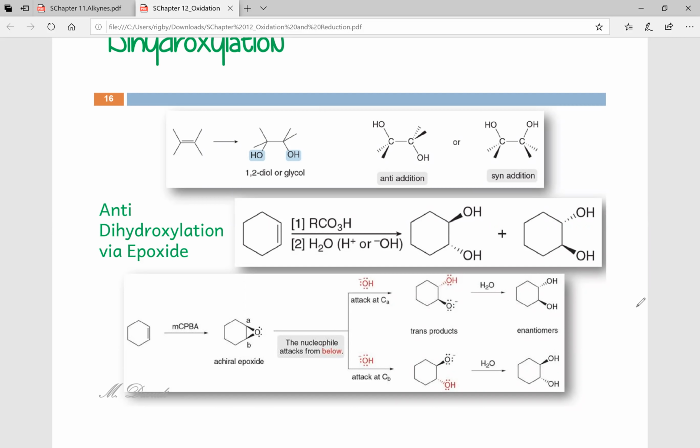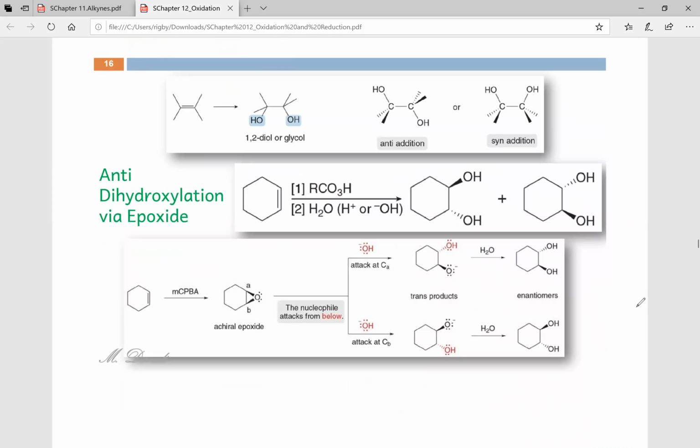And the reason why that happens is we first go through epoxidation, which we just talked about with the peroxy acid right here. And then we do a nucleophilic attack onto the epoxide that we've just created, thus doing a backside attack in order to create a diol, an alcohol with 2 OH groups, okay?